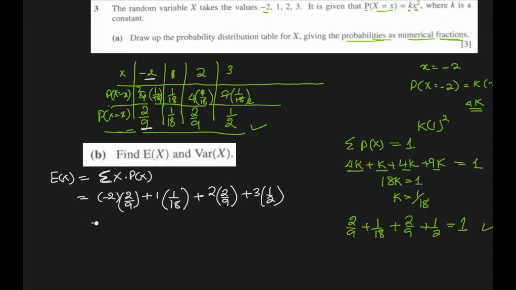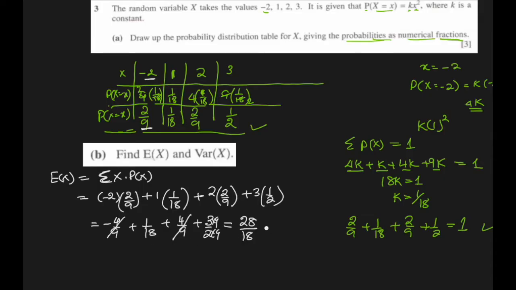So it becomes how much? -4 over 9 plus 1 over 18 plus 4 over 9 plus 3 over 2. These two are exactly same with opposite signs, so they cancel out, and this will be 3 over 2 times 9 over 9. How much? 1 plus 27, 28 over 18.